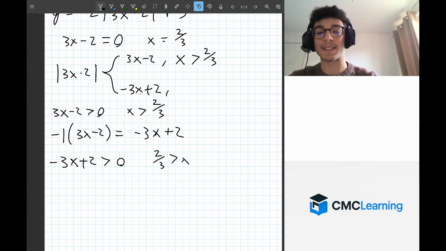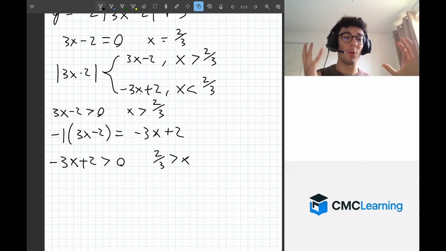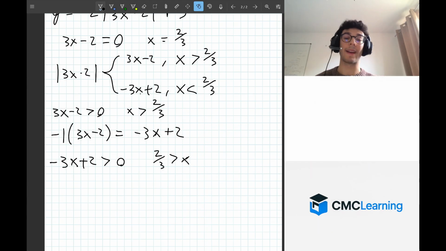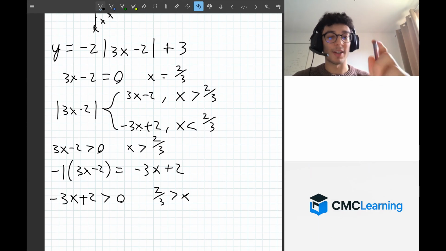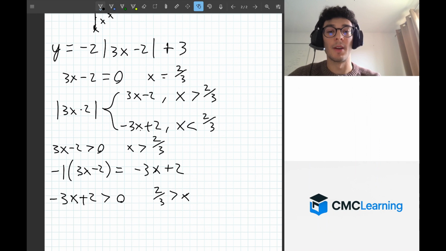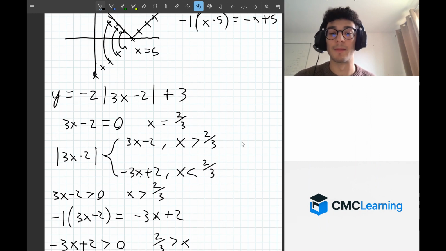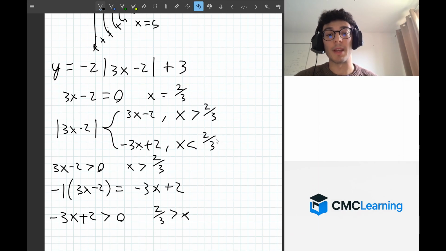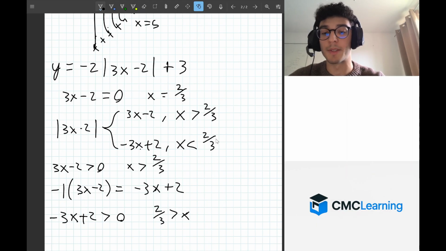In other words, x is less than 2 over 3. If we're considering all negative and positive values of x, this should cover our bases quite nicely. Of course, we're ignoring the idea of equal to, but that ends up just being a coordinate on its own.